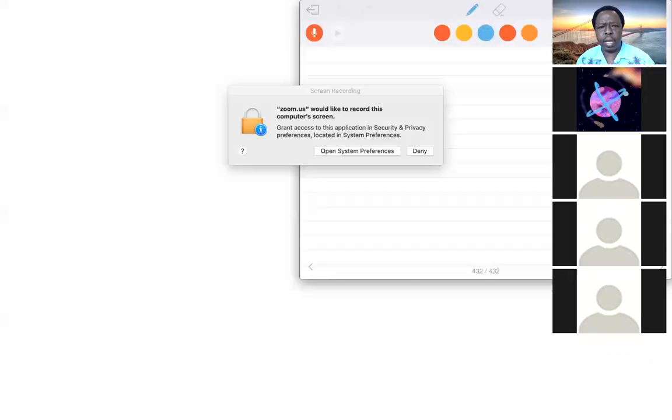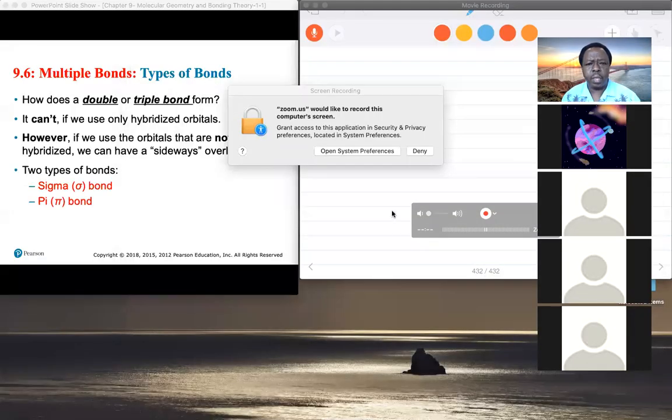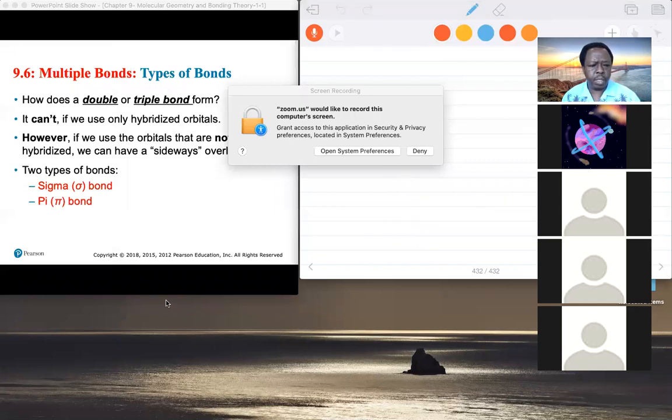It's telling me to restart the computer, but hopefully it will allow me. Yeah, we are in business. I think you can see. Can you see the screen right now?